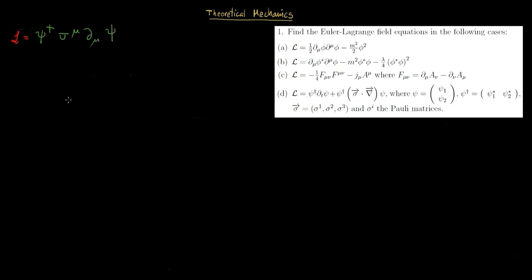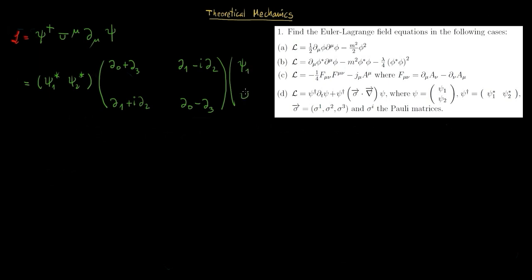Remember this also can be written as psi 1 star, psi 2 star, then partial 0, this is the identity, and partial 1 will be partial 1, and partial 2 minus i partial 2 plus i partial 2, and the 3 component will be plus partial 3 minus partial 3, psi 1, psi 2.